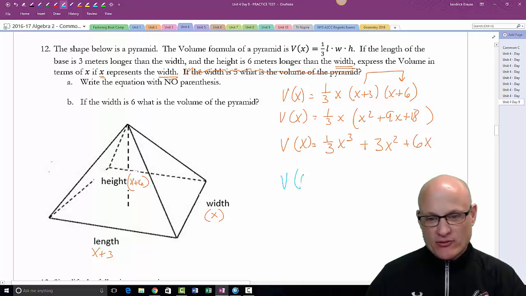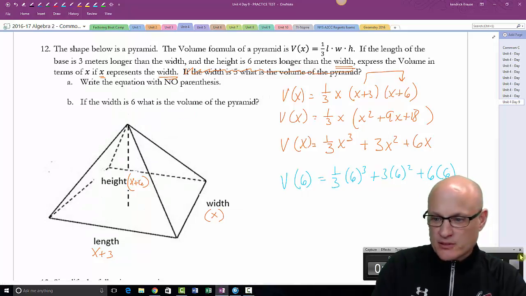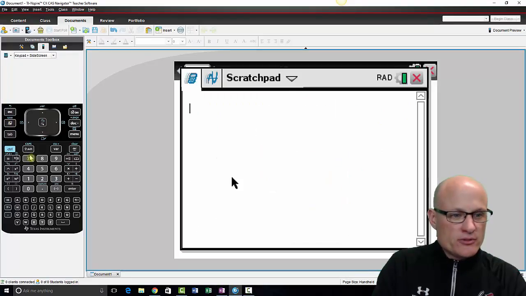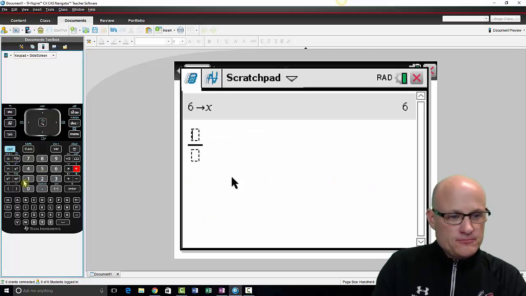So volume of 6, they're giving us width, is equal to 1/3 times 6 cubed plus 3 times 6 squared plus 6 times 6. I'm grabbing the calculator. So 6, control var x, hit enter. And what do we got?